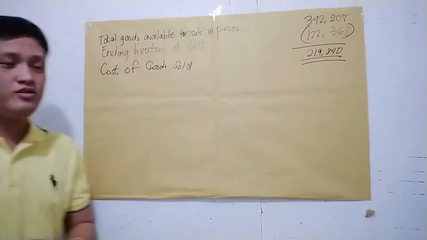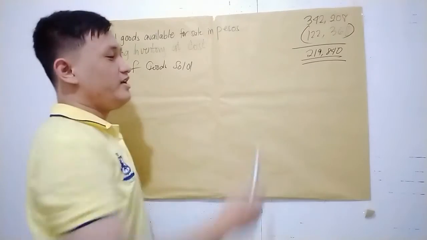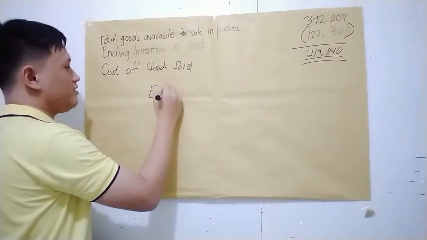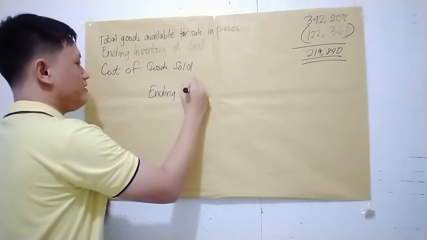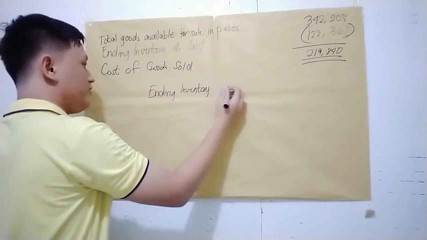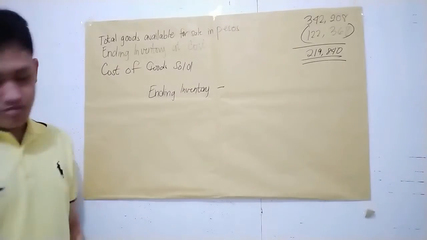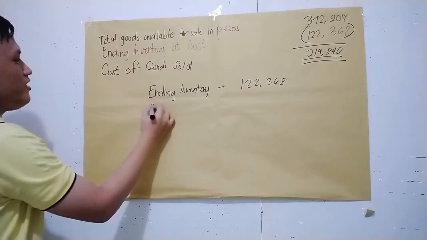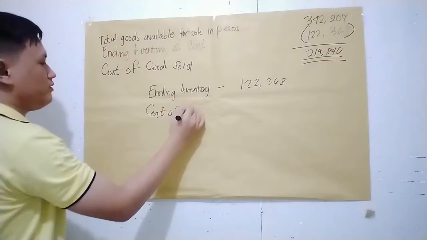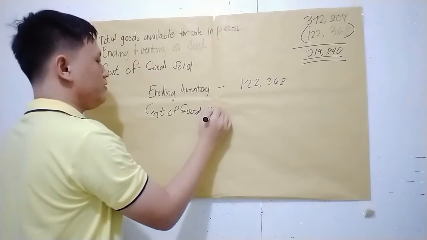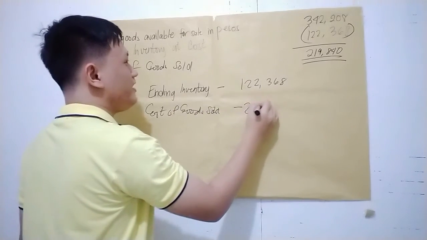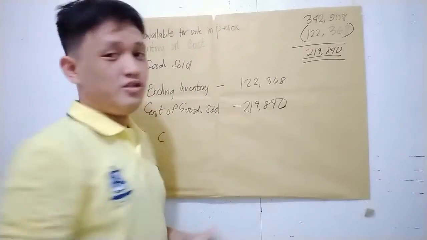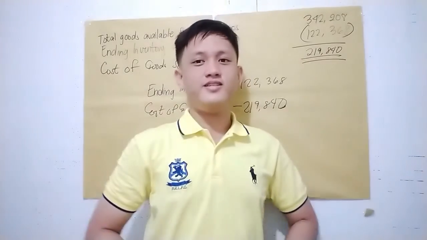Now, our cost of goods sold is 219,840. Again, our ending inventory cost is 122,368. Our cost of goods sold is 219,840. So the answer for number 8 is letter C.